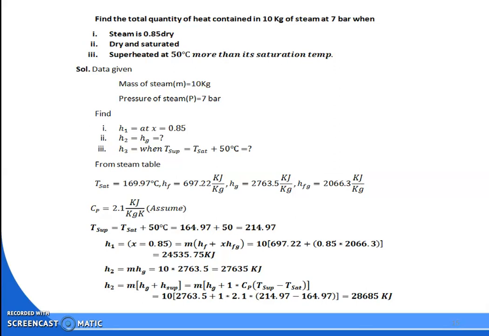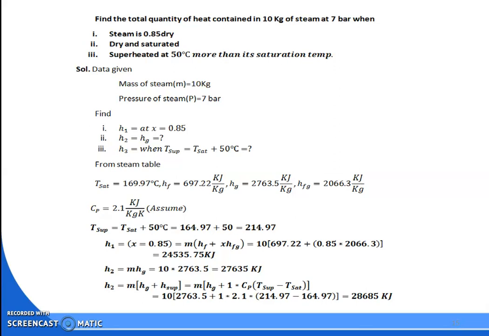First let me explain what the question is. In this question, the data given are: mass of the steam is 10 kg and the pressure of the steam is 7 bar.